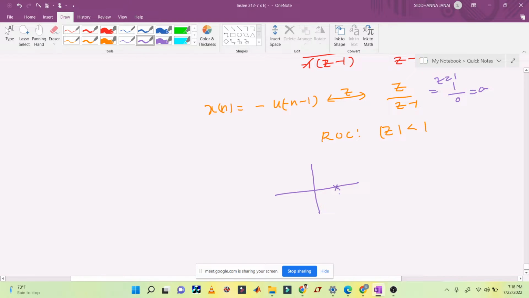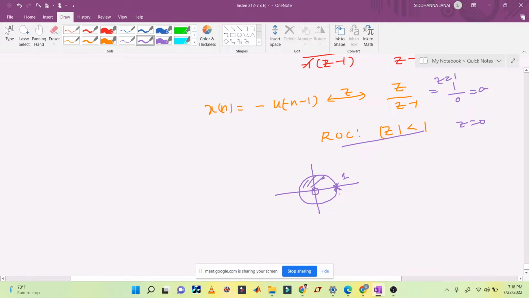Z is equal to 1, one pole. So we can write it like this, and we have to draw a circle. This is the only pole we have. And what is the zero? If I substitute z is equal to 0, x of z is 0 divided by 0 minus 1, so the answer will be 0. So there is a zero here, and this is the pole. And according to ROC, whatever we have got, magnitude of z is less than 1.